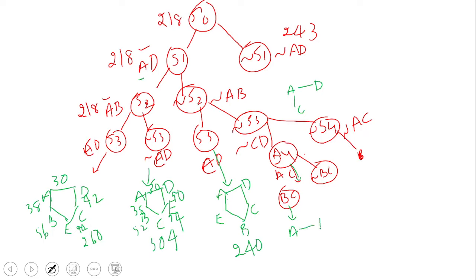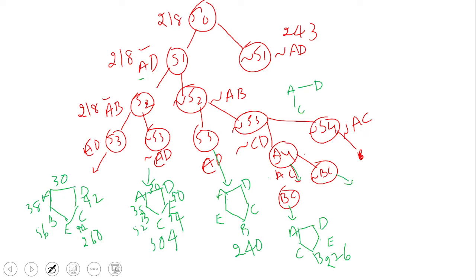A to D and not AB, not CD and AC. AC is a connection. Next we are having BC, B, C, and the next remaining node is E. So there won't be any other option. So ADCEB. If you add all these, you will get 276.